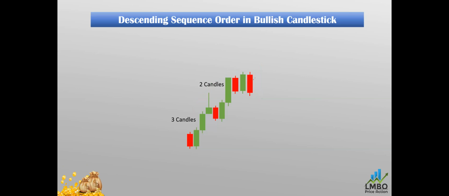Momentum means, in ascending order, what we learned is that if there is one candle and then we get two candles, it shows the momentum is increasing, right? Likewise, there is a single red candle. There is again a single red candle. There is again a single red candle. Still, there is a single red candle. So as per the idea of ascending sequence, the sellers have not told us that they increased their momentum.